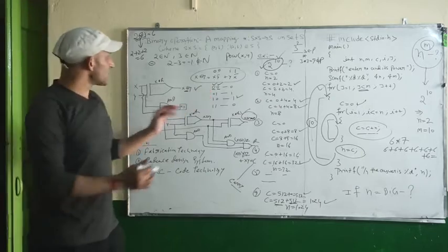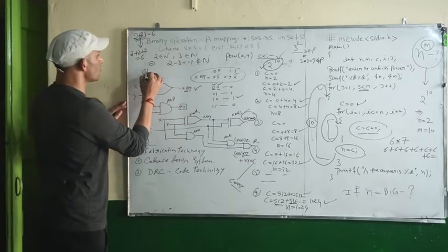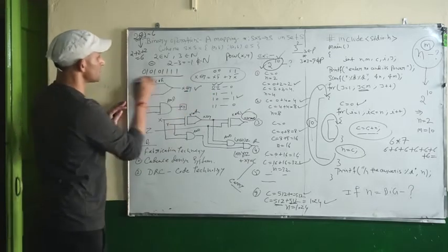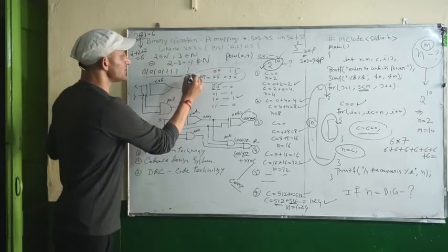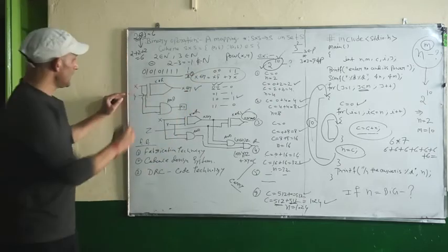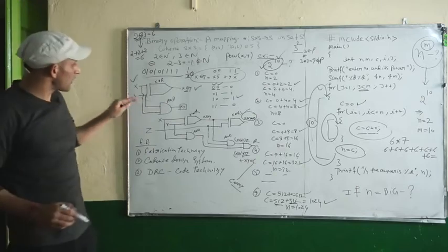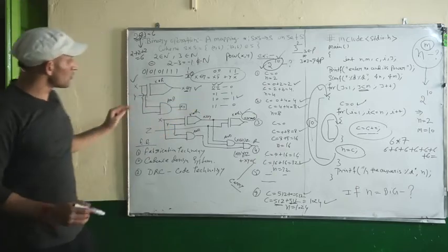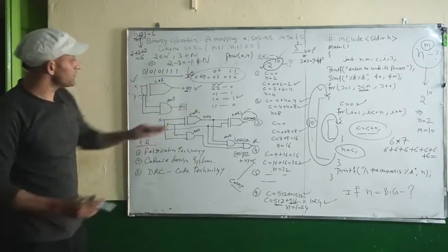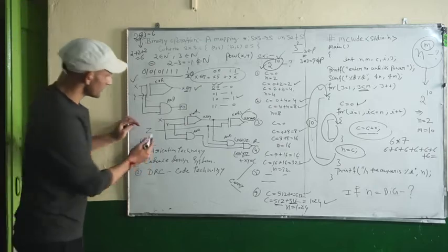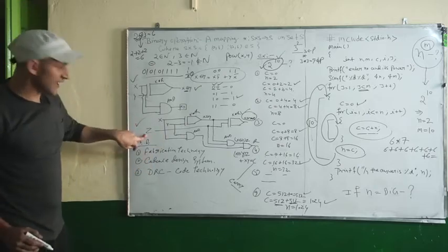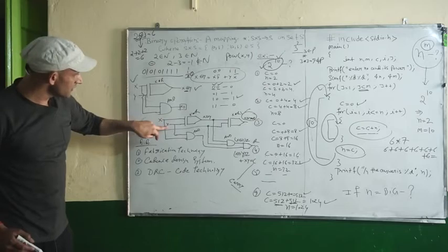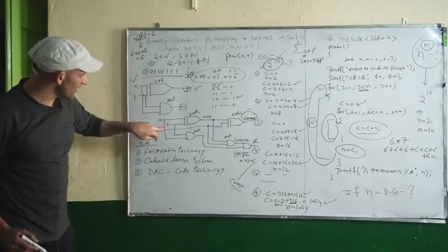Suppose there are very many bits, like 0 1 0 1 0 1 1 1. You know that 1 plus 1 is equal to 0, but carry is equal to 1. The half adder will work only for 1 bit, but it will not work if there are many bits. So this is the full adder, and this is the carry. There are 3 inputs: x, y and carry.